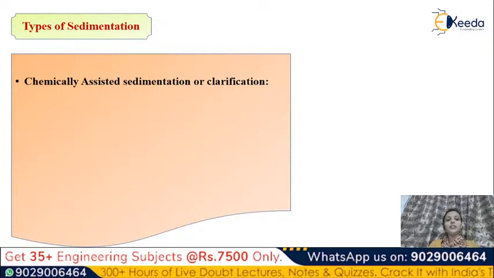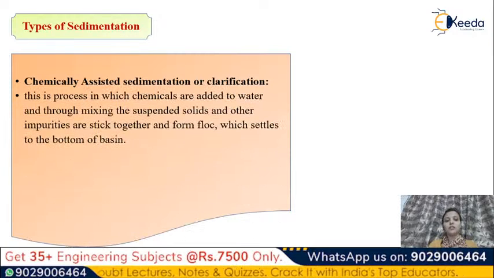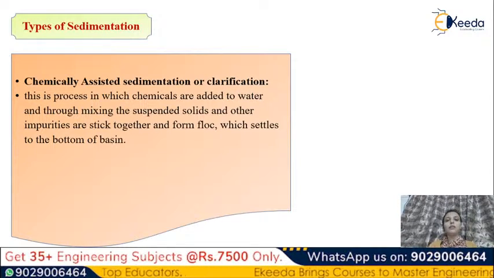And the last type is chemically assisted or chemically aided sedimentation or clarification. As I already explained the process of coagulation and flocculation, right? That kind of sedimentation tank we provide after the secondary treatment, that is, after the coagulation and flocculation treatment, to settle down all the floc formation, that heavy particle, all that floc material will settle down in secondary sedimentation.